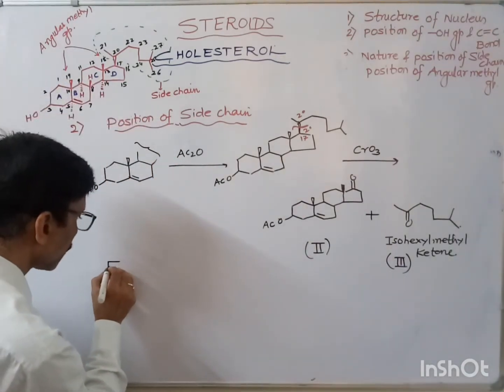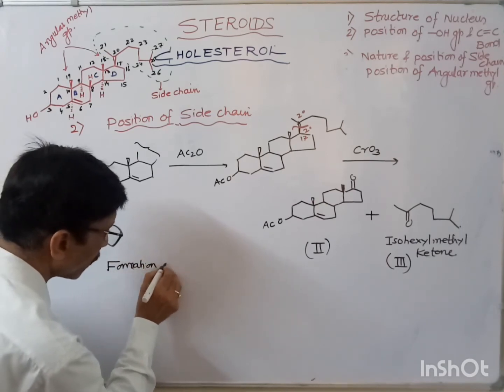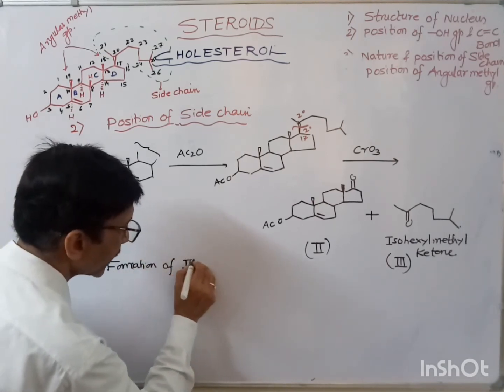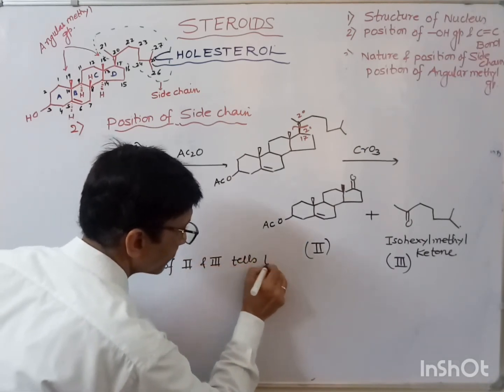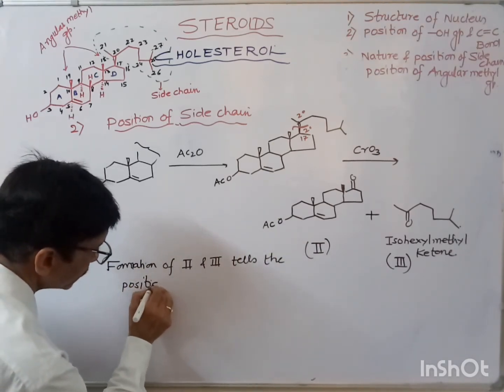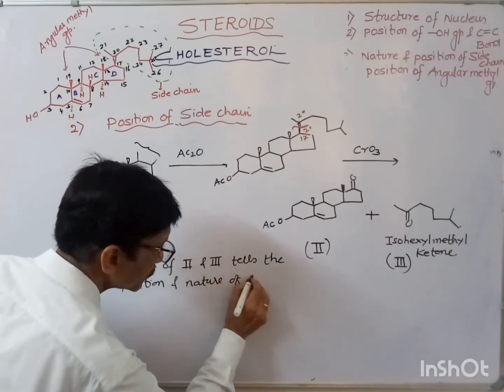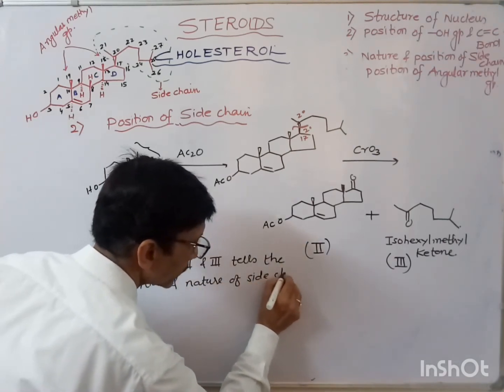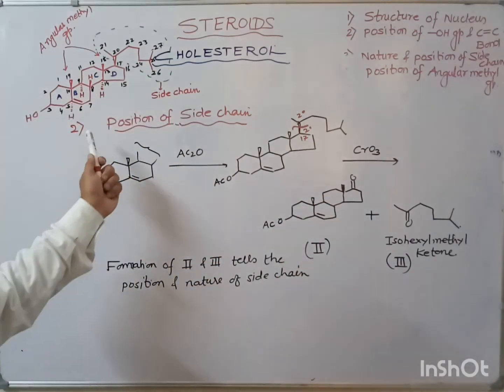So the formation of the second and third tells the position as well as the nature of the side chain. Okay, like this, in this way we have proved this third part.